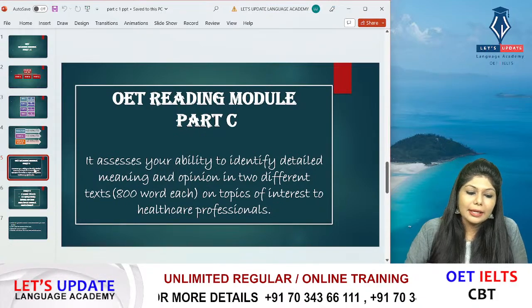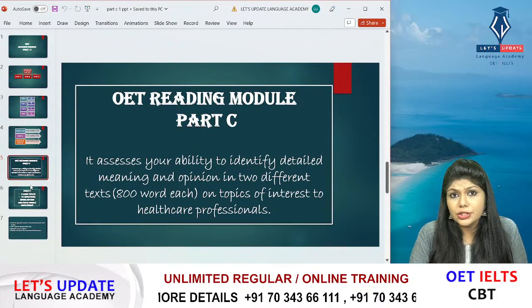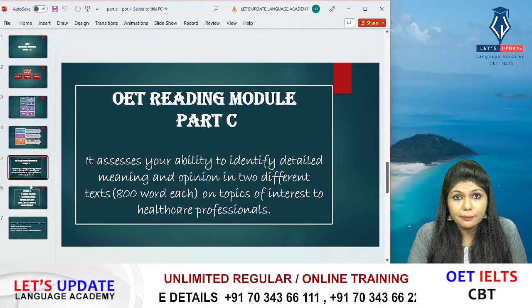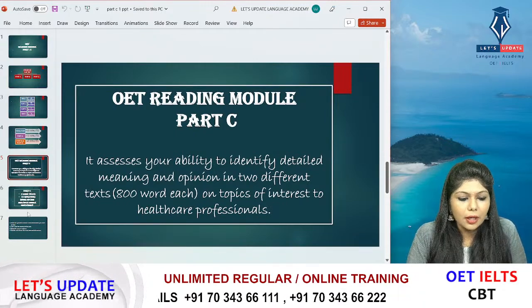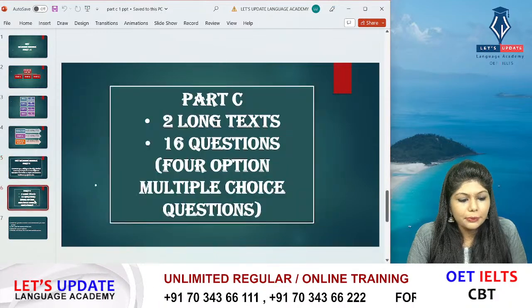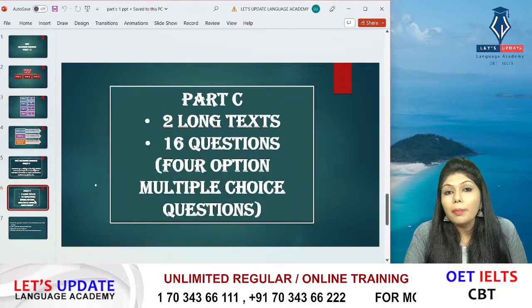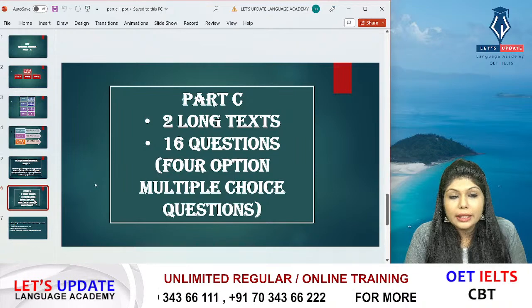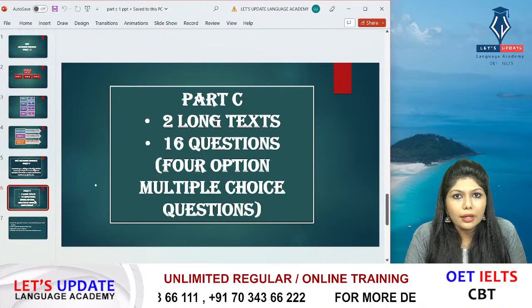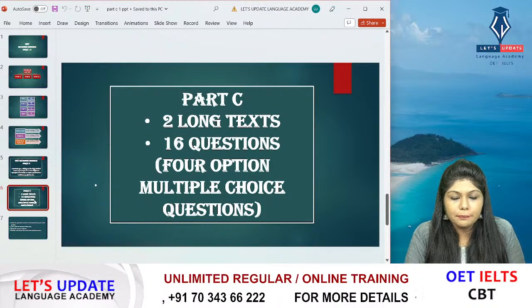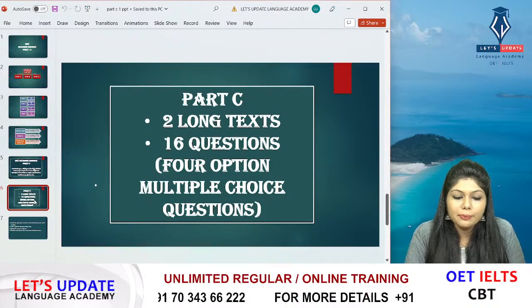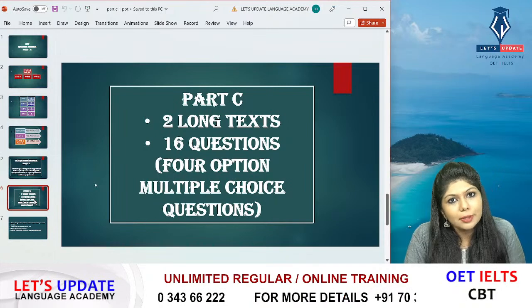It could be research topics mostly, or any healthcare related topics. Part C will consist of 2 long texts, followed by 16 questions, and the nature of the questions will be 4 option multiple choice.